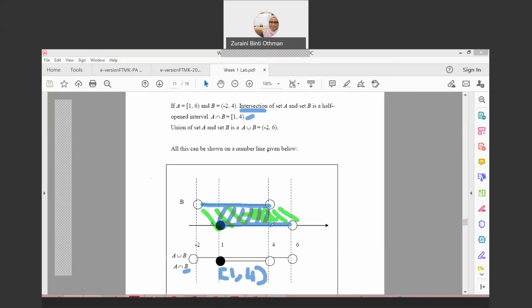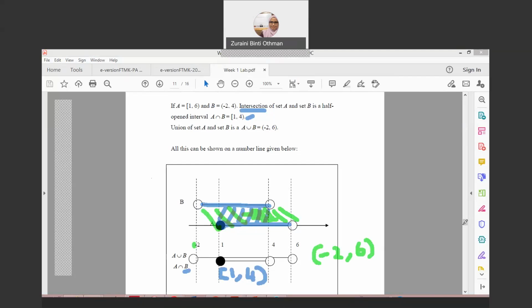Okay, so sekarang nampak tak yang paling kecil dia dekat -2. -2 tu is open interval here, and yang paling besar dia ialah 6 is also open interval. So we can conclude the union there is from -2 until 6 open interval.